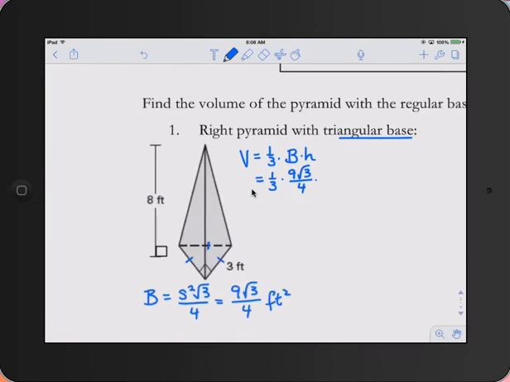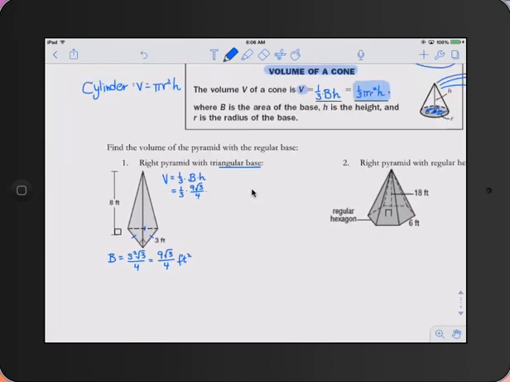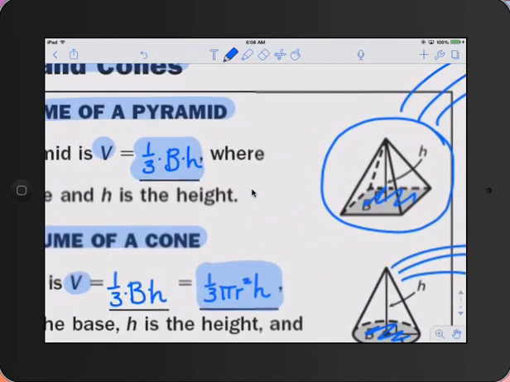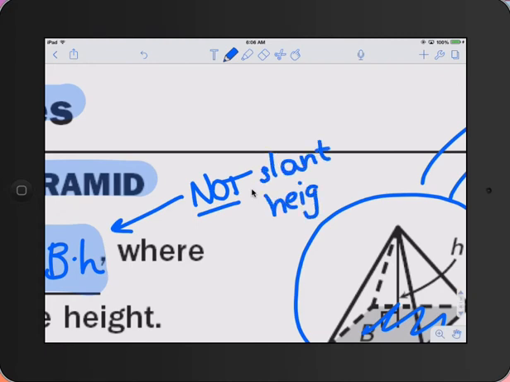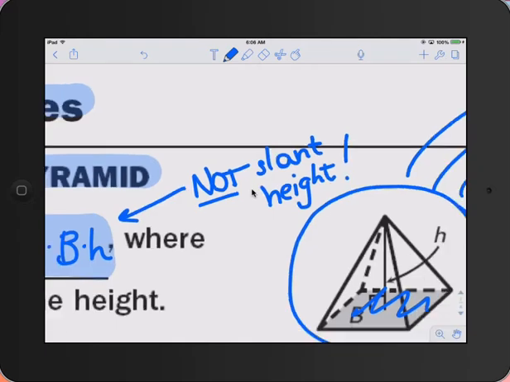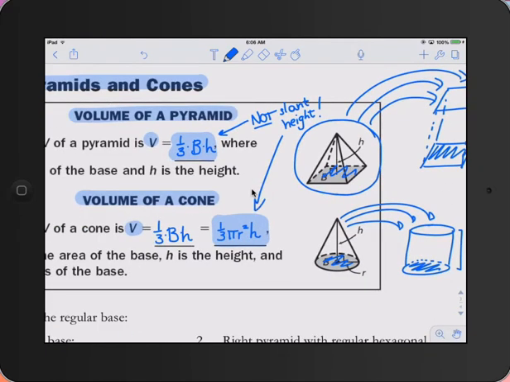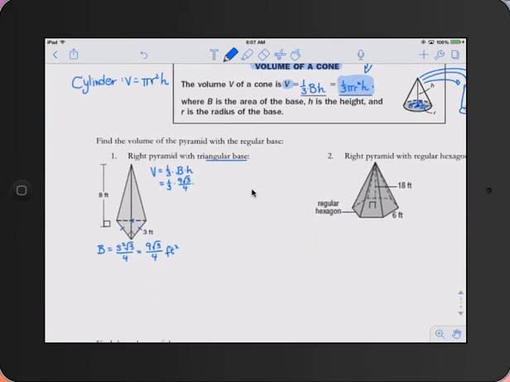Now remember, h means the height. Oh yeah, by the way, the height here does not mean the slant height. It's still the same way that height was used in prisms and in cylinders.